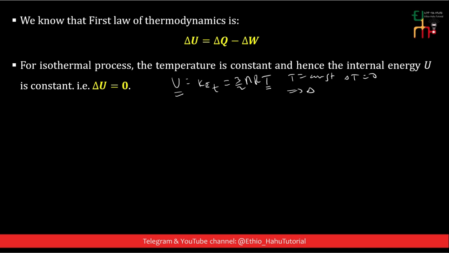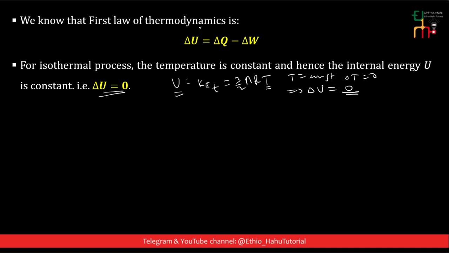This implies change in internal energy is equal to 0, because these are constants and the only parameter that internal energy depends on is temperature. As the temperature of the gas becomes constant, internal energy is constant, and the change in internal energy is zero in an isothermal process.